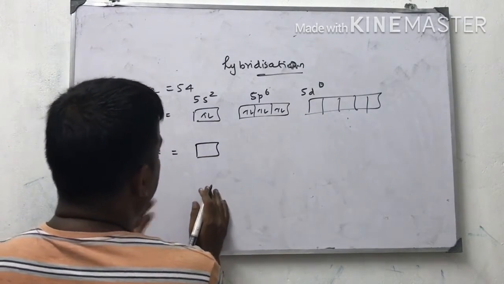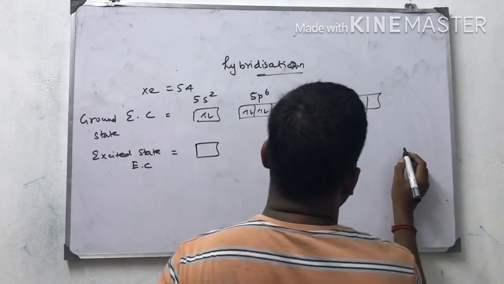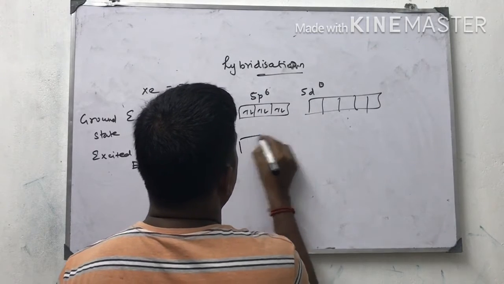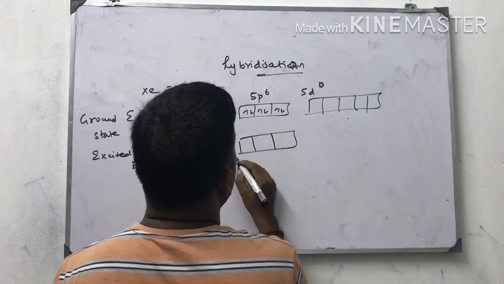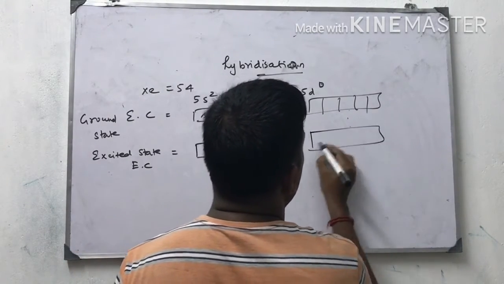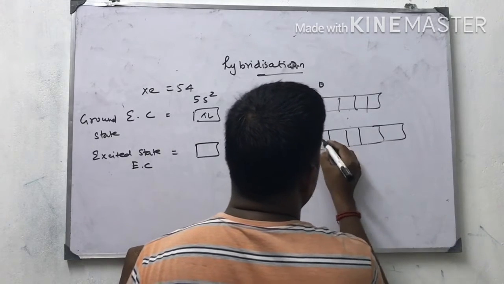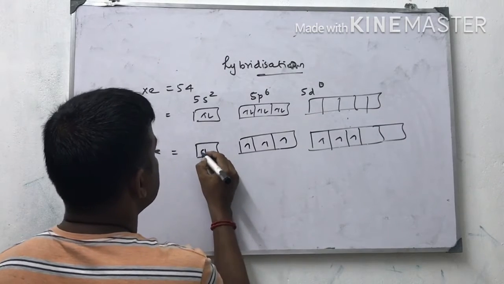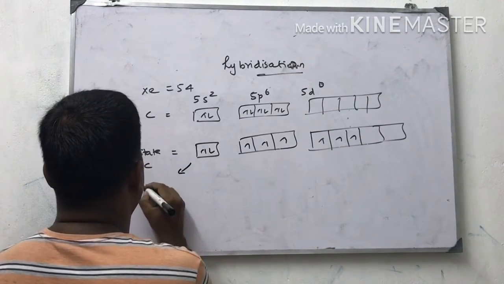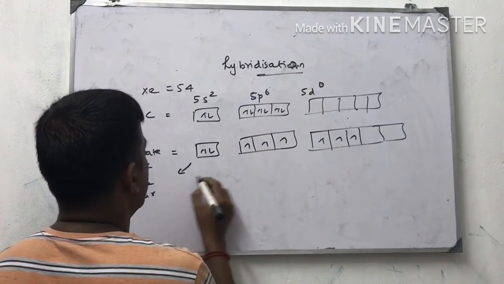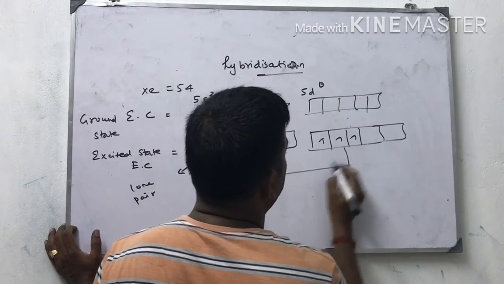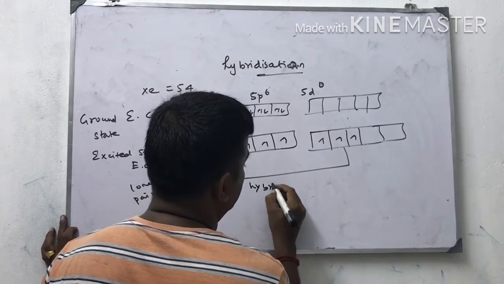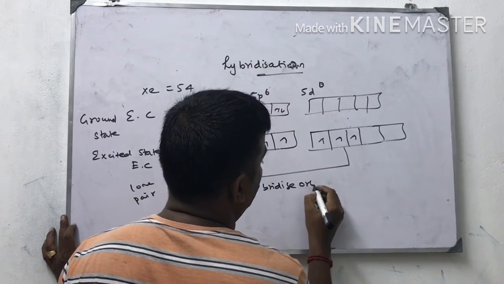The structure is like this, with one double bond. So 3 electrons from the p orbitals are shifted to d orbitals. 1, 2, 3. This is a lone pair of electrons. The remaining orbitals are called hybridized orbitals.